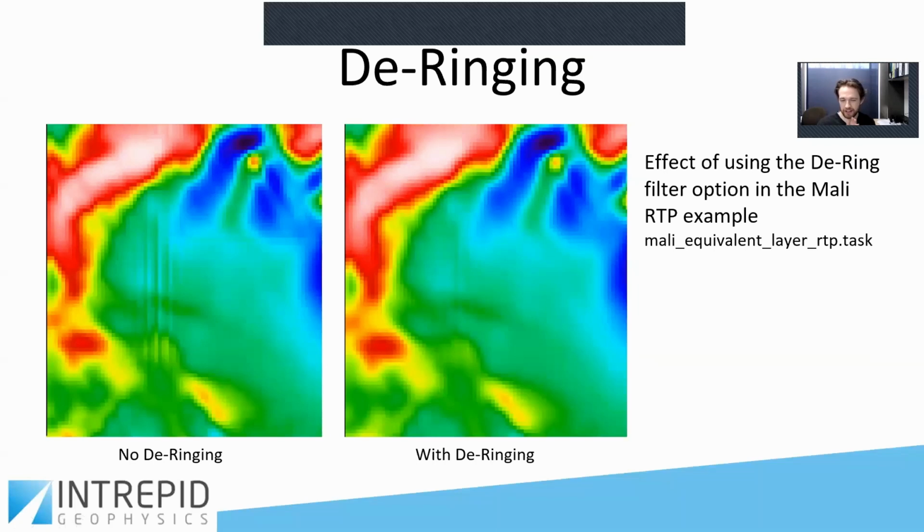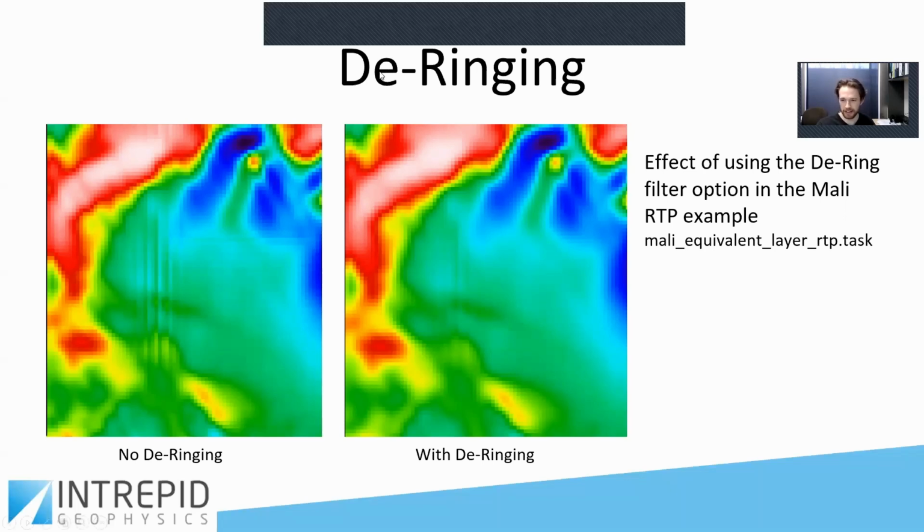So the other artifact filtering option you have is a de-ringing ability. This is some high frequency noise that does make its way into the output grid, again due to the kerneling, or how we apply the convolutional kernel.